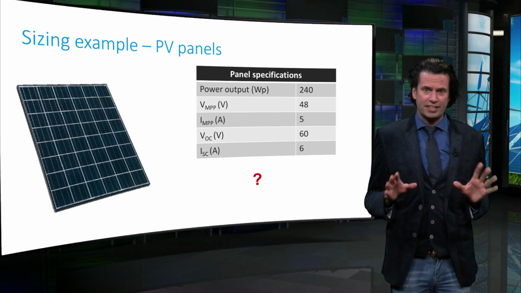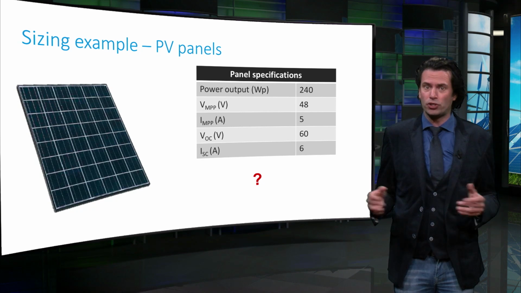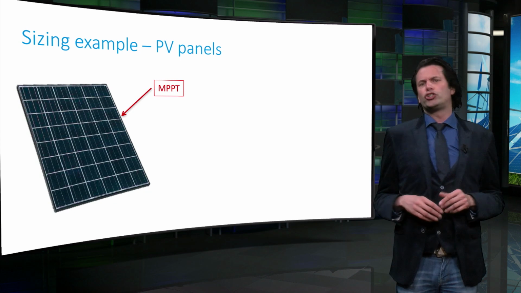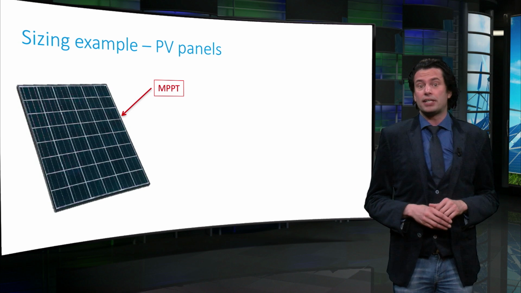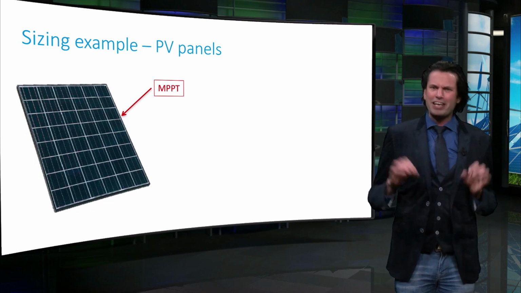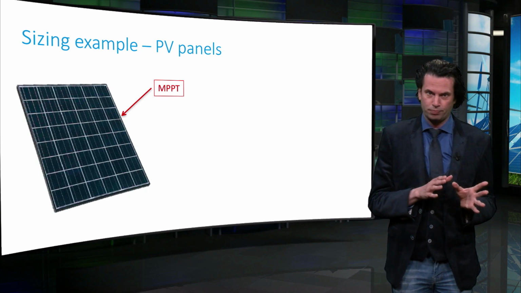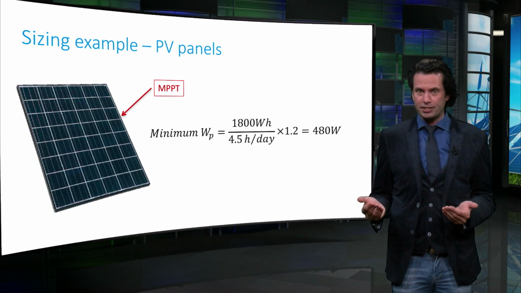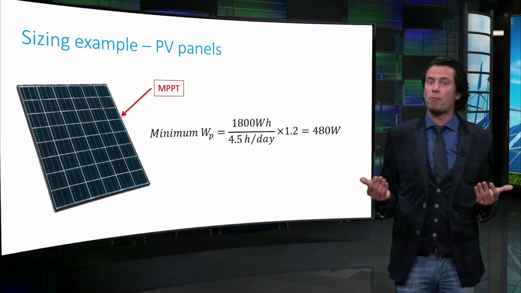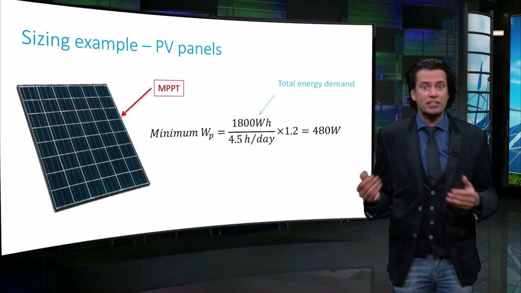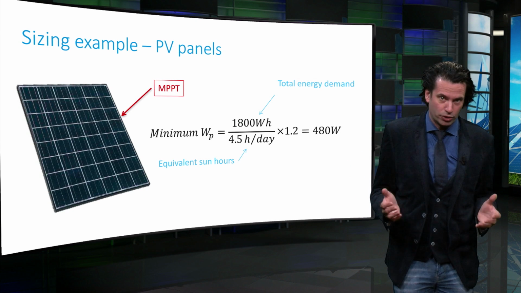Now we need to find out how many of such modules are required to power the loads. Assuming that the panel would be operated at its maximum power point, we can find out the required number of panels as follows. We can first calculate the amount of minimum PV power required by dividing the total energy demand with the equivalent sun hours.